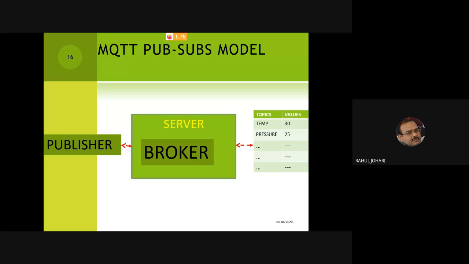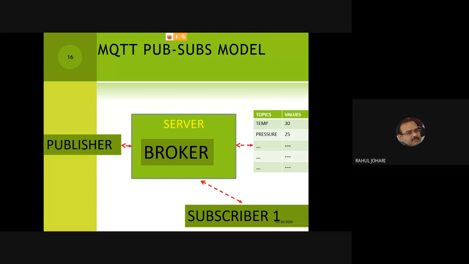So maybe my other IoT experiment could be working on the ocean seabeds, monitoring the flora and the fauna, or the quality of the aquatic life in the ocean. So it could be any of the topics, but the terrain has to be chosen. The application has to be selected, where you would like to work. So a broker will maintain a list of the topics and will have a set of values corresponding to those particular topics.